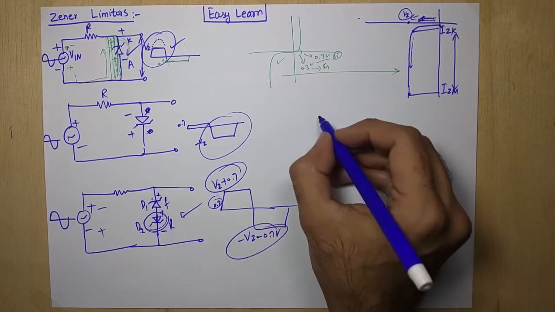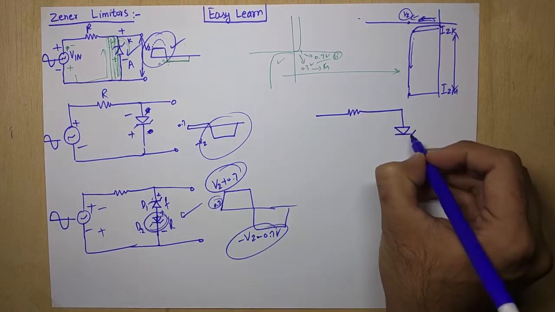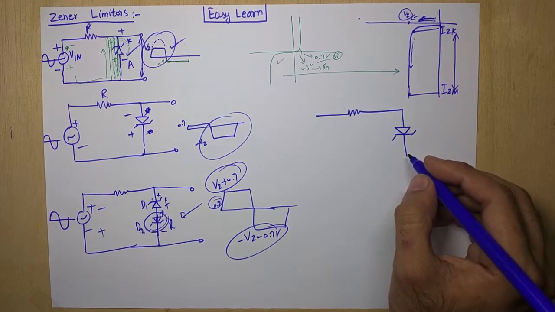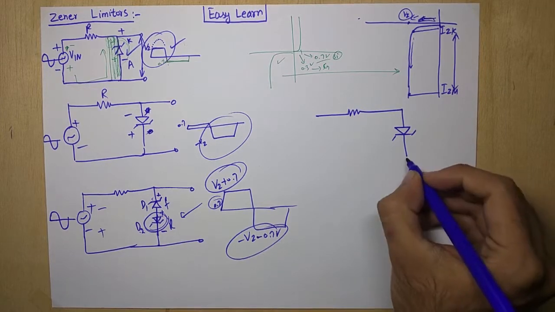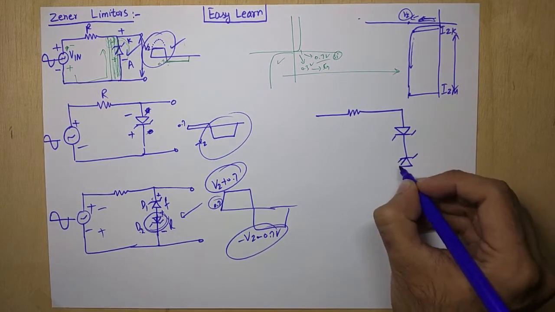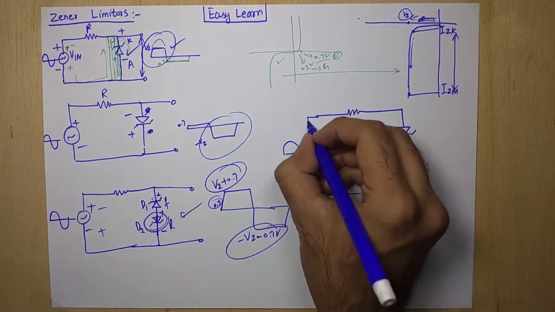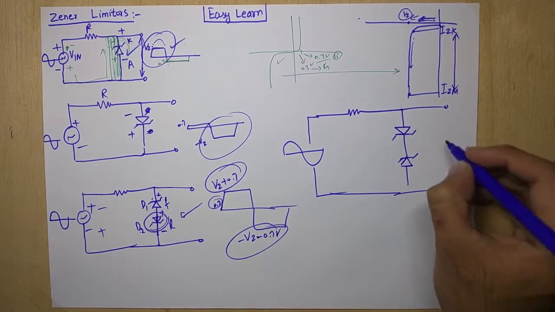For example, this is a diode and we will say that this is a simple diode. This is the input and we are getting the output here.